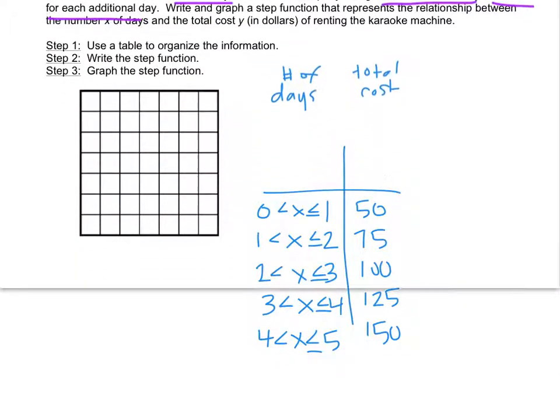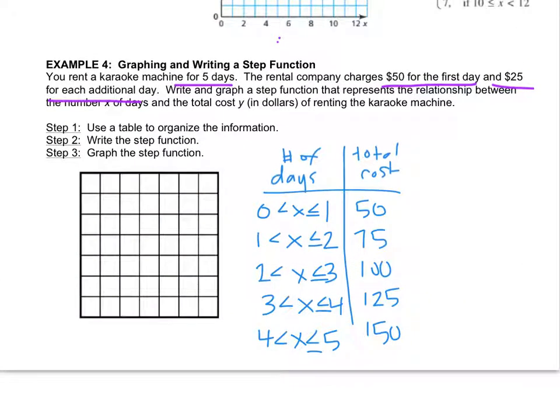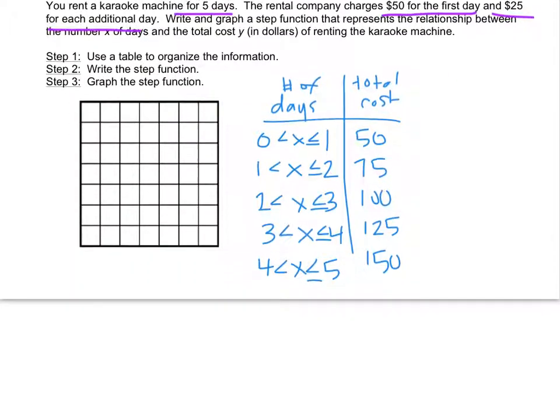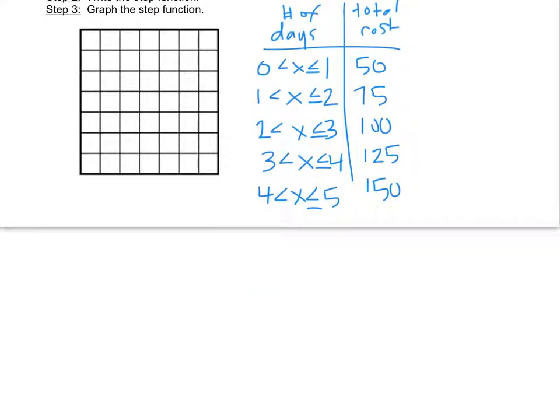So now what it wants us to do is to write the step function. We're going to take our table, and we're going to make that super long parenthesis thing. So f of x equals, super big because we have so many, and it's just going to be the reverse. If you remember, x comes second and the equation comes first. So it's 50 if 0 is less than x, which is less than or equal to 1, 75.